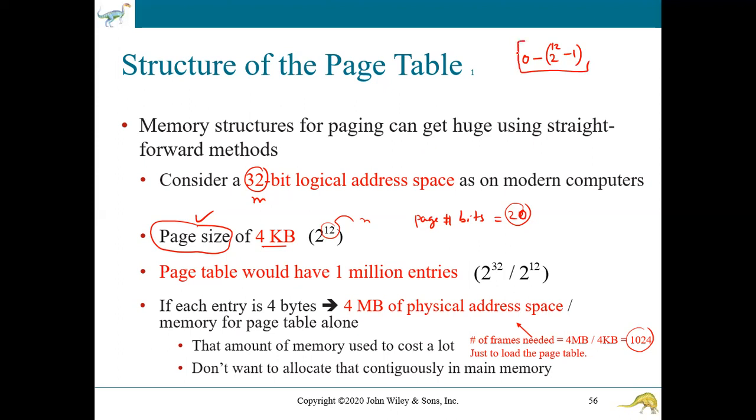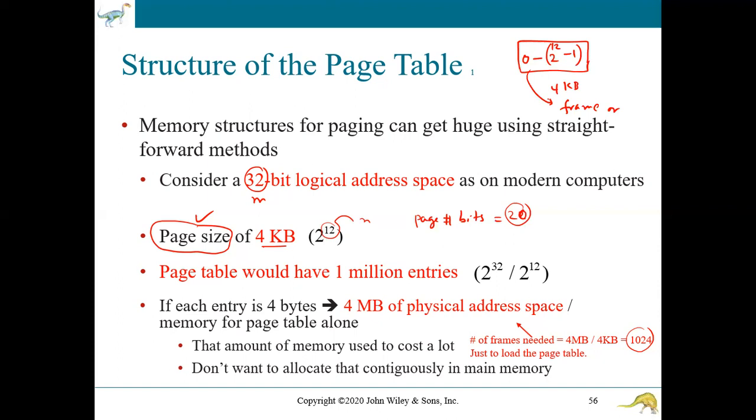Okay. So there's 4 kilobyte. And the frame is the same thing. Frame or page, both are the same, so the offset is the same. If you think of a logical address within one page, it is 0 relative. Each frame is 0 relative. Each page is 0 relative.